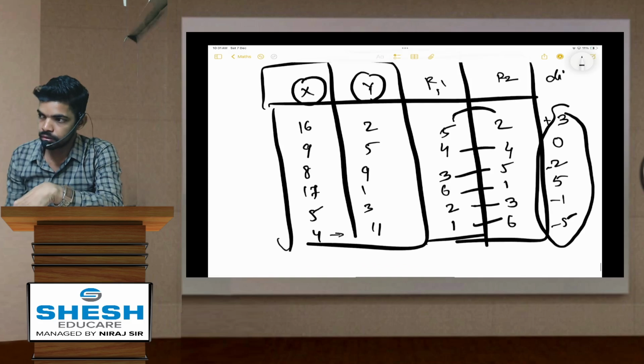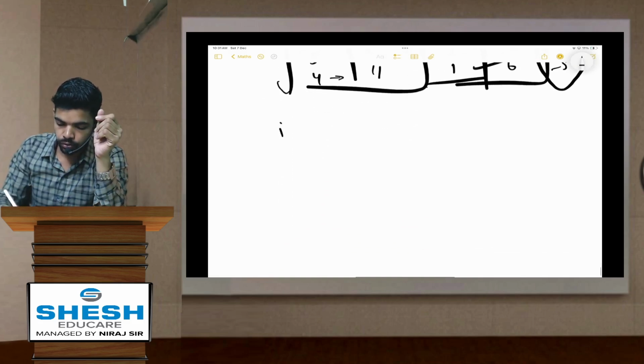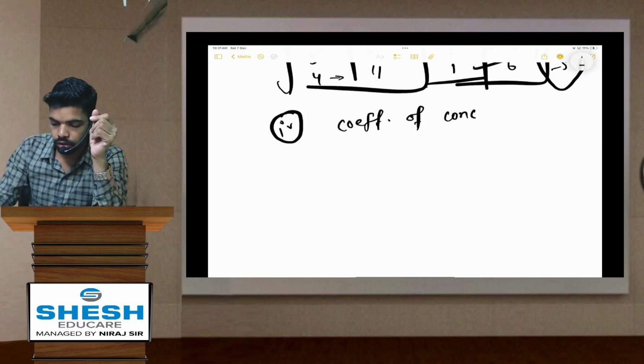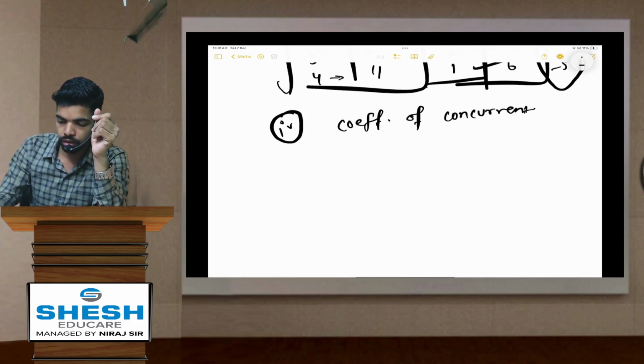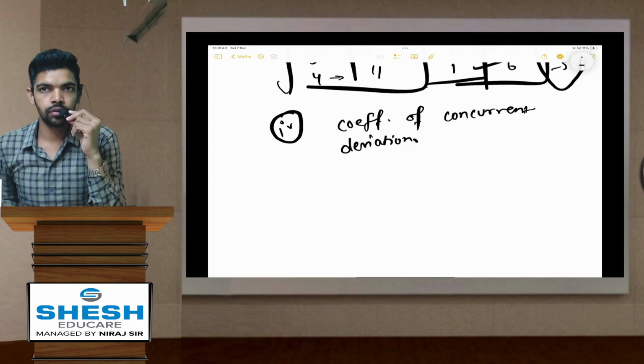Then we have the fourth one, coefficient of concurrent deviation. Coefficient of concurrent deviation.